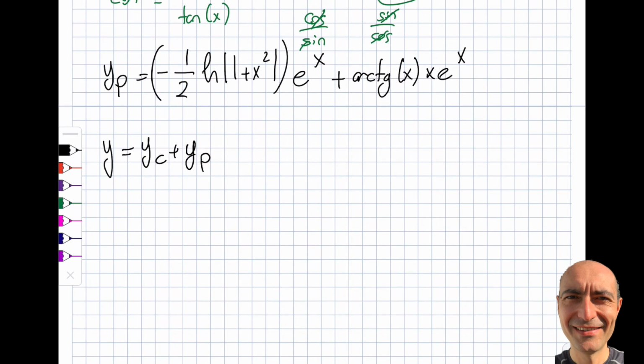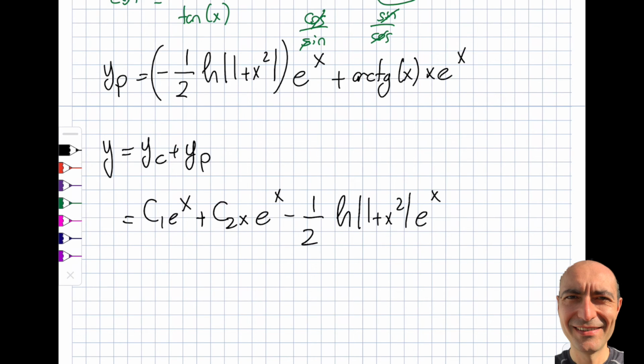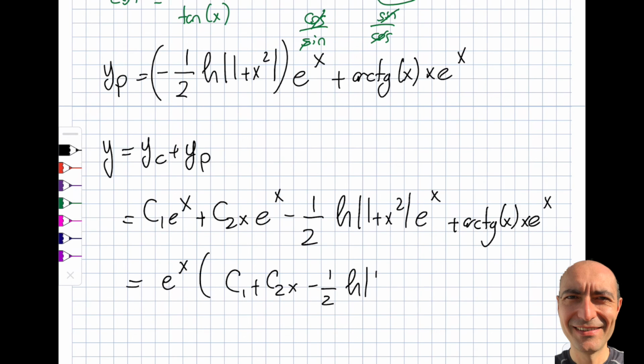If I write this, I get c1 e to the x plus c2 x e to the x minus 1/2 ln of 1 plus x squared times e to the x, plus arctangent of x times e to the x. As one last step, you can take everything with the e to the x in parentheses. So you get e to the x times c1 plus c2 x minus 1/2 ln of 1 plus x squared plus arctangent of x.